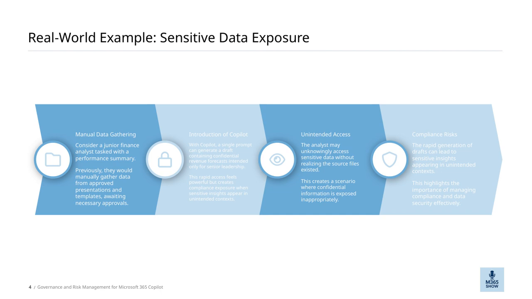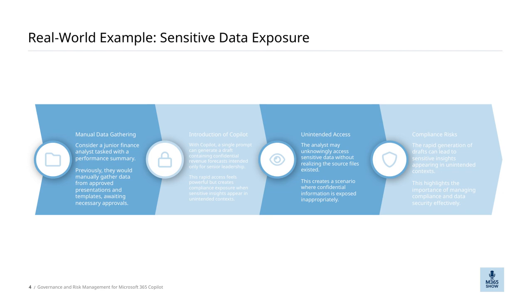Furthermore, with Copilot, a single prompt can generate a draft that includes highly sensitive information, like confidential revenue forecasts, which are meant only for senior leadership. While this instant access feels powerful, it also increases the risk of compliance exposure if sensitive insights show up where they shouldn't. Now, to give you a practical example, imagine a junior finance analyst tasked with preparing a performance summary.